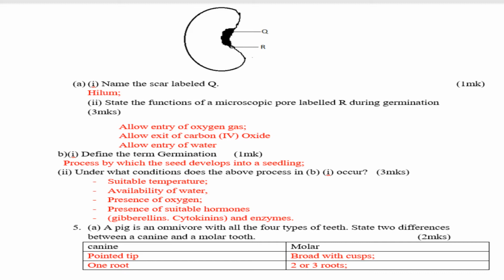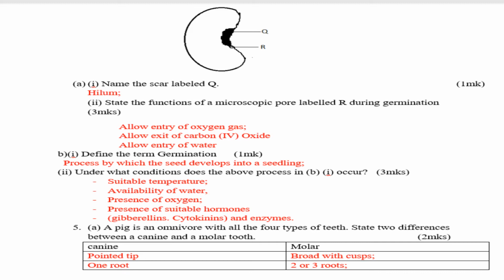That is the function of that part, and these questions they usually repeat, so you better understand the different types of questions that they bring on germination of different seeds. They can also tell you to name different parts.